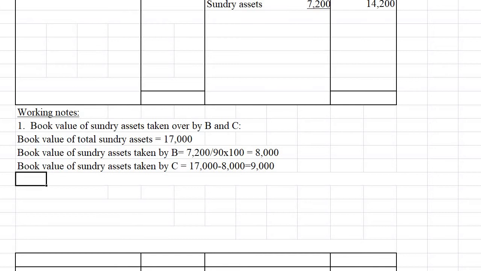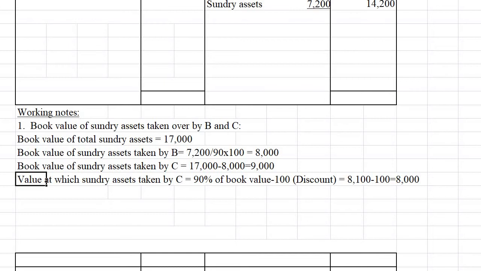Okay. Then these sundry assets are taken over by C at 90% of the book value minus 100 rupees discount. So we can write that the remaining sundry assets taken over by C is equal to 90% of book value minus 100. That means 90% of the book value is 9,000 divided by 100 into 90, that is 8,100.